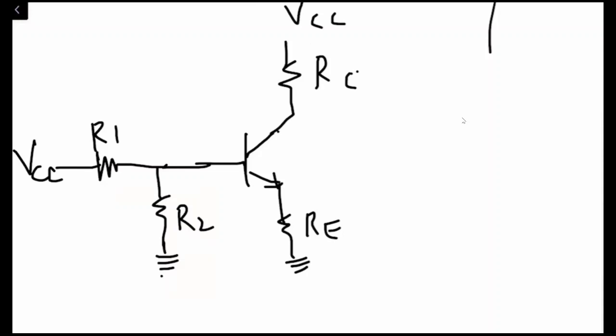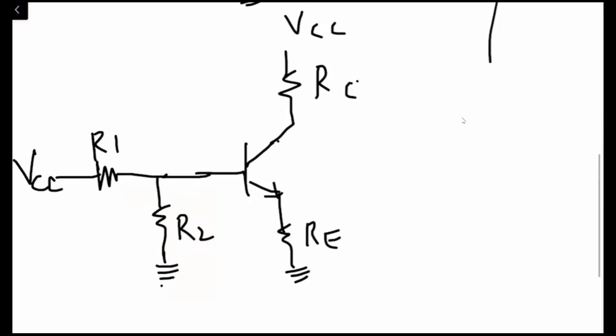Now, when looking at the base, we want to see what is going to be the Thevenin equivalent of this circuit when looking from the base of the transistor. Are you with me?